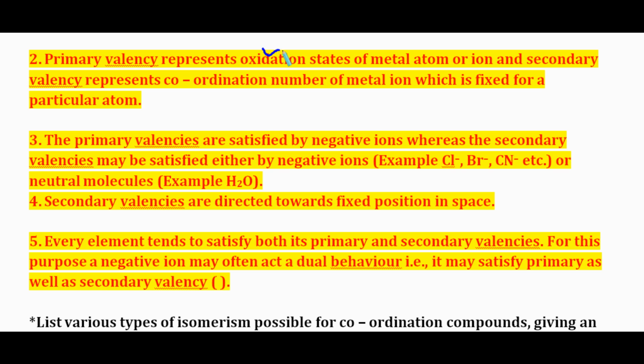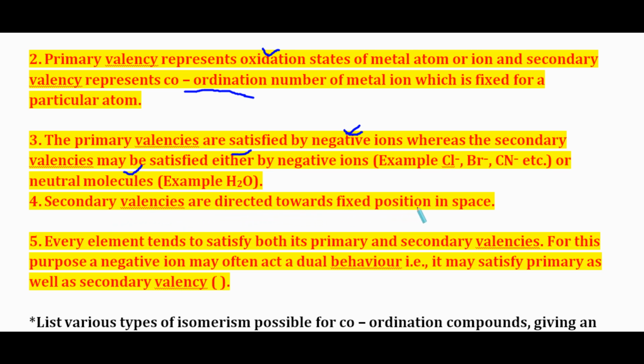Primary valency represents the oxidation state of the metal atom or ion, and secondary valency represents the coordination number of the metal ion, which is fixed for a particular atom. The primary valencies are satisfied by negative ions, whereas the secondary valencies may be satisfied by negative ions, positive ions, or neutral molecules.